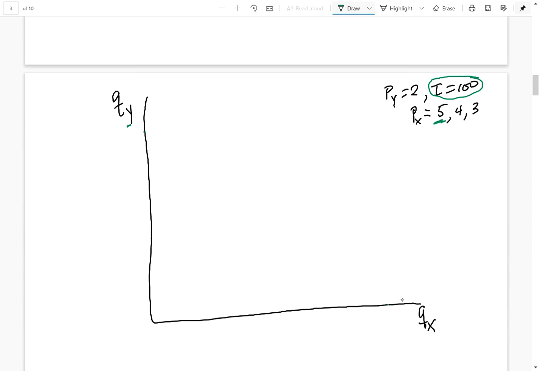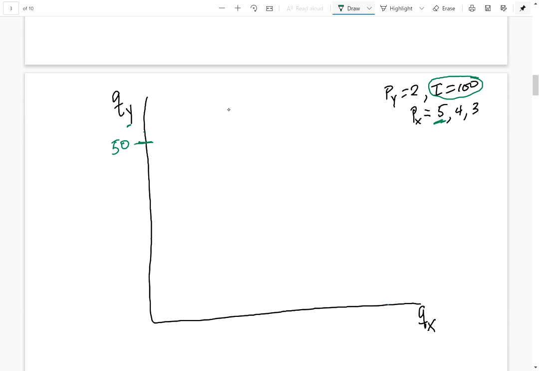Okay, we have $100, and if the price of 1 unit is 2, then we would say 100 divided by 2. And Rory would be able to afford 50 units of good Y if she spent all her money on good Y. Now, we can do the same thing over here for good X.